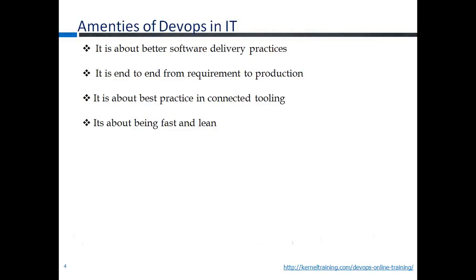He should be able to produce anything much faster than anything, because it is a continuous cycle. Any DevOps person can deliver in a minute or even in seconds. It should be very fast, and it should be very lean.